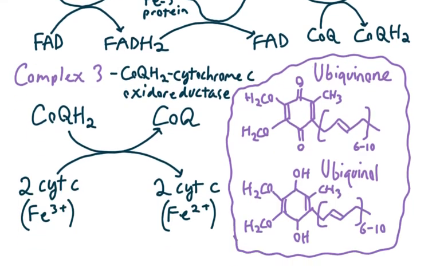So if we look down here, this is a little farther. Please ignore the stuff about complex 3. But ubiquinone is called ubiquinone because it has these ketone groups. So we have ubiquinone, and when you reduce something, you're either taking away oxygens or adding hydrogens. When we're looking at these kinds of groups like carbonyl or alcohol, the way the sequence works is that carboxylic acid is the most oxidized you can get.